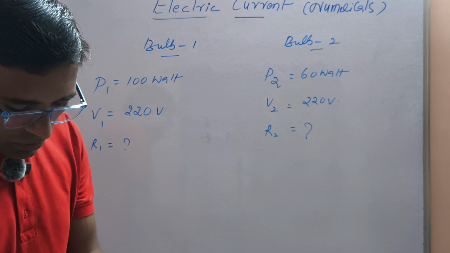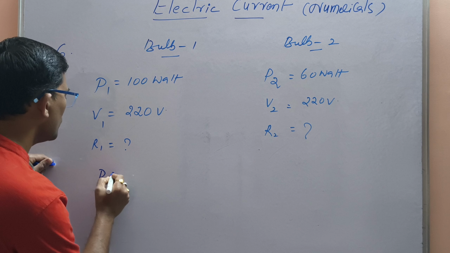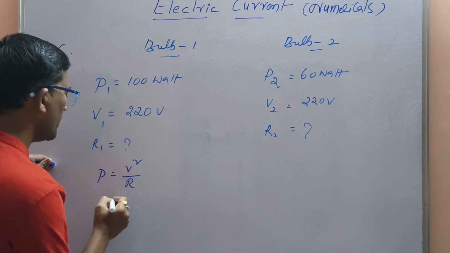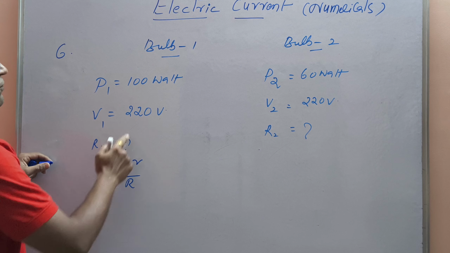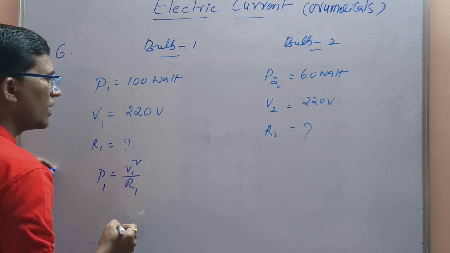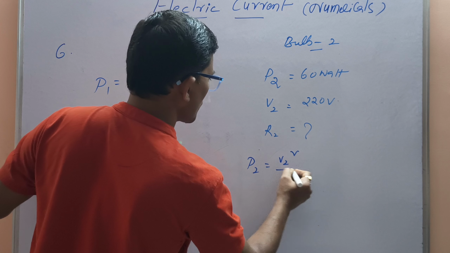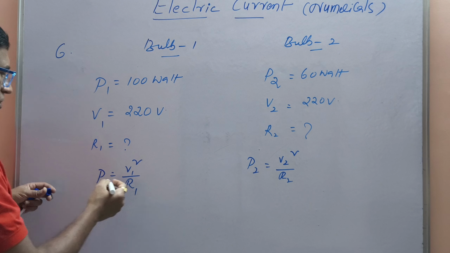Then we have to do the problem. We know the formula, power P is equal to V square by R. So I am finding out the first bulb's power: P1 is equal to V1 square by R1. And for the second, P2 is equal to V2 square by R2. Now substitute here.